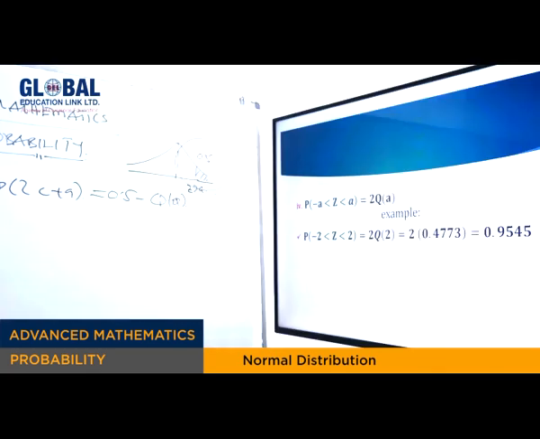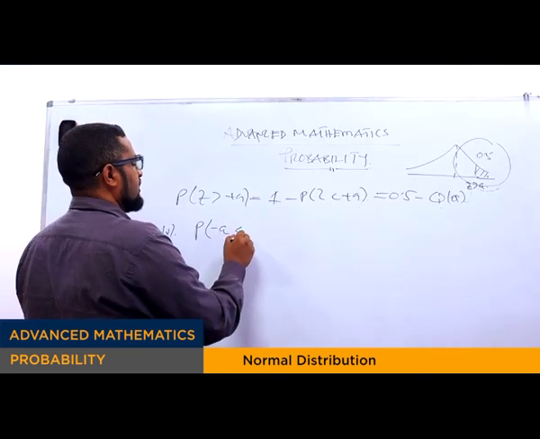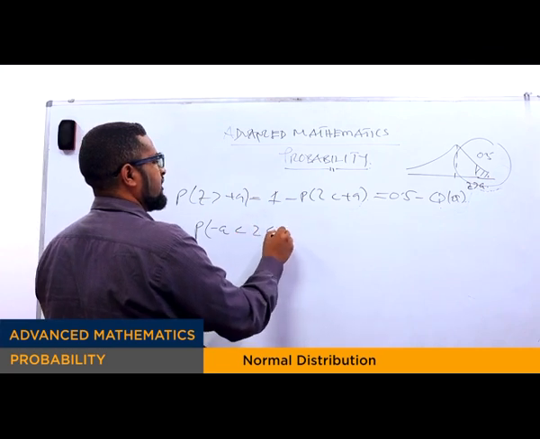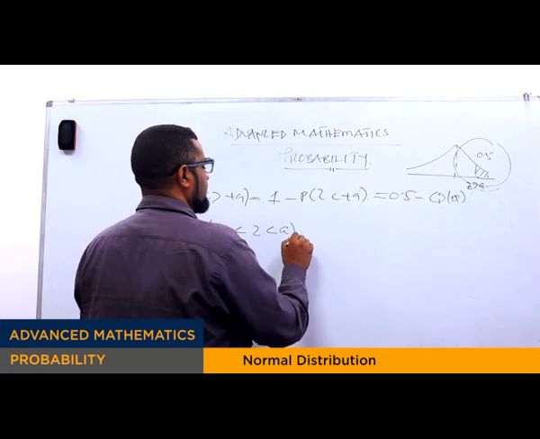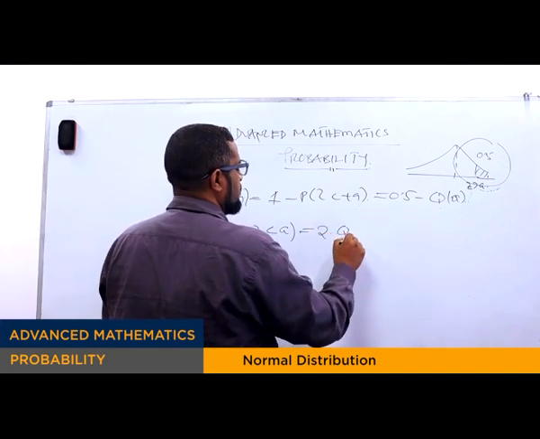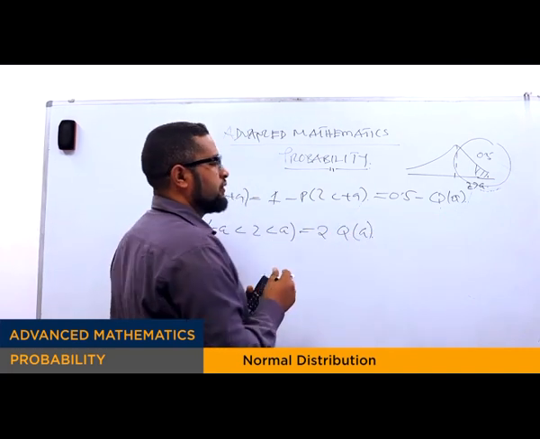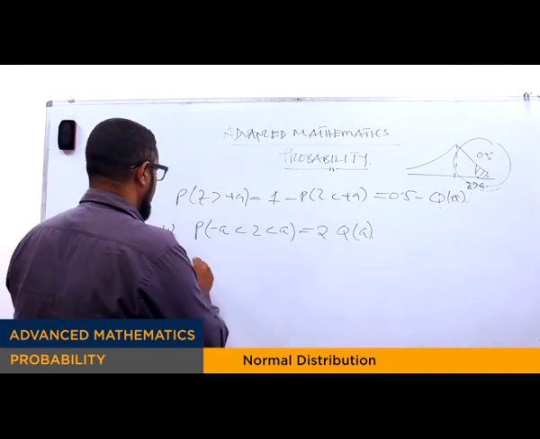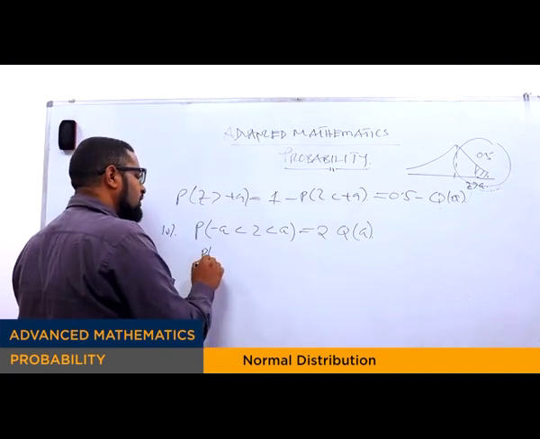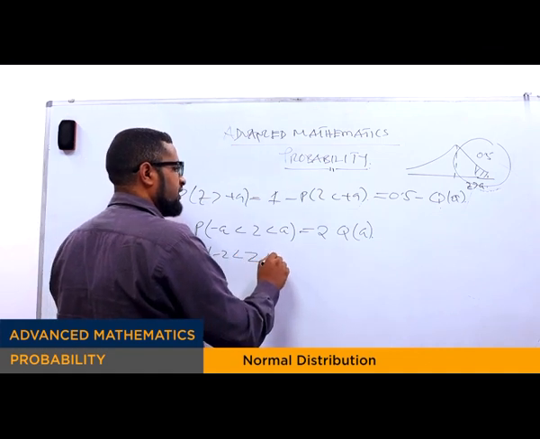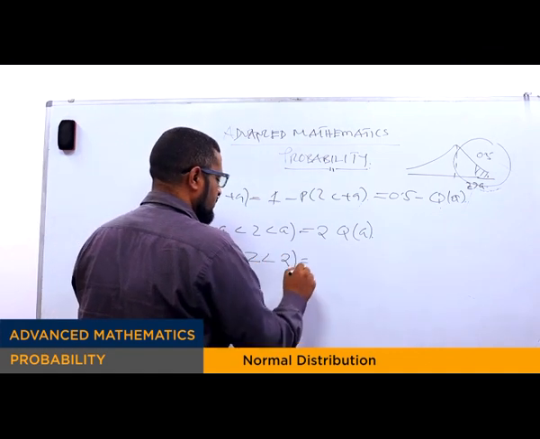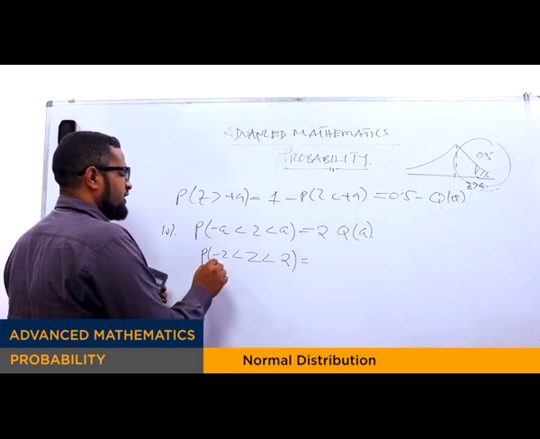Now, number 4. You may be given probability of negative a less than z less than positive a. This is just simply 2 q of positive a. For example, probability of negative 2 less than z less than 2. Just see here, the difference is the sign.